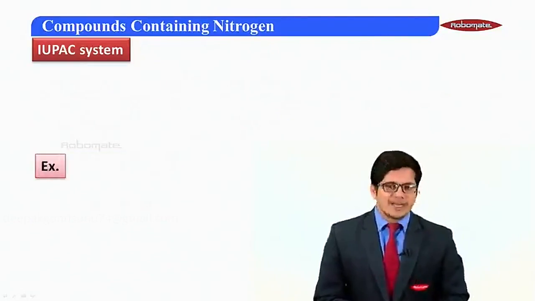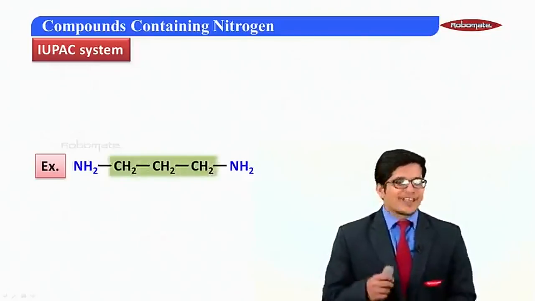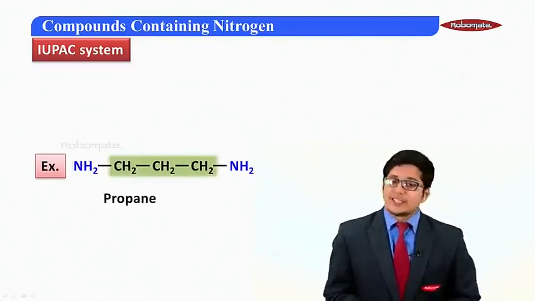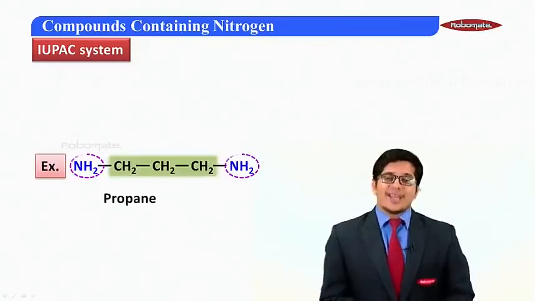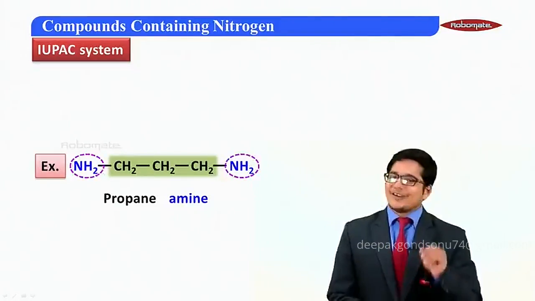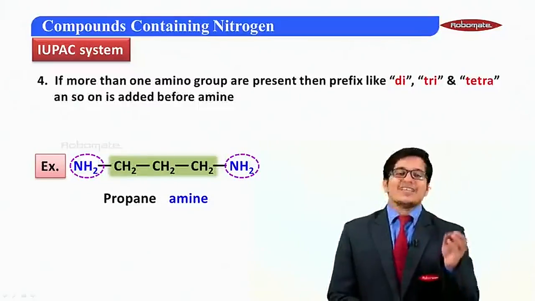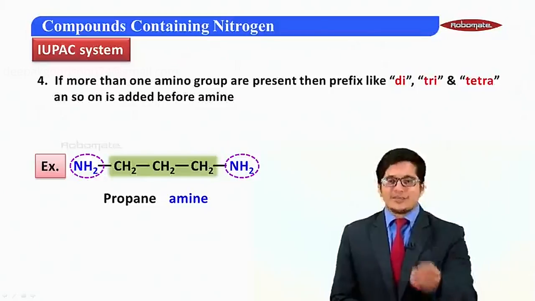Let's take one more example. Suppose we happen to get this compound. Now in this case, the longest chain consists of 3 carbon atoms, that means propane. You have NH2 groups, that means amine. But remember students, you have 2 NH2 groups. So therefore a prefix di, tri or tetra should be attached.